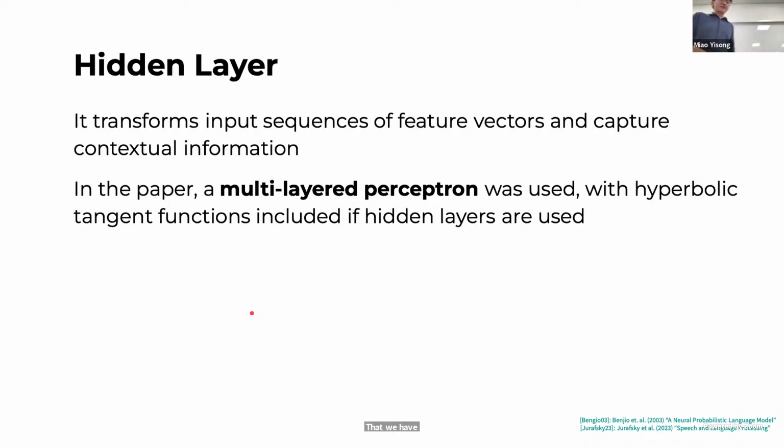Okay, then the hidden layer is basically a multi-layer perceptron. So in this paper, they actually explored using hidden layers and without using hidden layers, and they realized that hidden layers actually help the performance. If I recall correctly, they used a hyperbolic tangent function, and they used a 3-layer MLP.